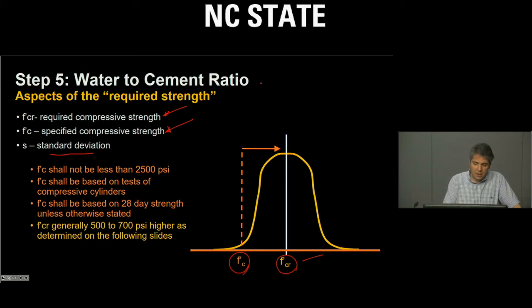The specified concrete strength should not be less than 2,500 psi. f'c, the specified strength, has to be based on 28-day strength measurements of cylindrical specimens, and generally, the required strength has to be something around 500 to 700 psi bigger than the specified strength. Now, how do we do that? How do we figure out what is the required compressive strength when the specified compressive strength is given to us?